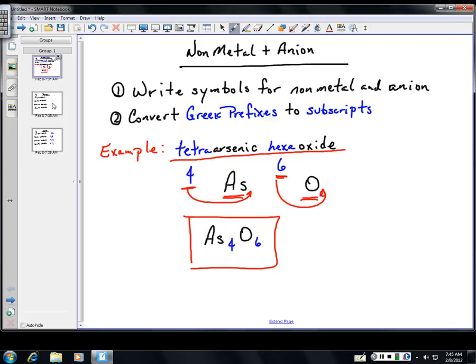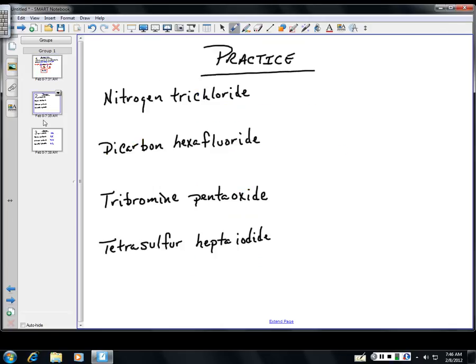Let's look at our practice examples: nitrogen trichloride, dicarbon hexafluoride, tribromine pentaoxide, and tetrasulfur heptaiodide. As in all these previous ones, go ahead and put this on pause, write out your answers, and when you come back from pause, you'll be ready to pull up the last slide, in which I've already put the answers.